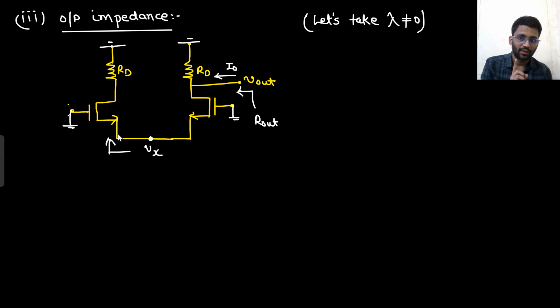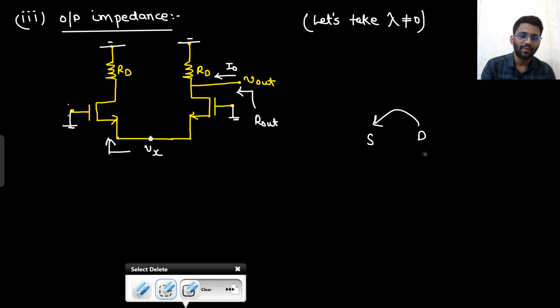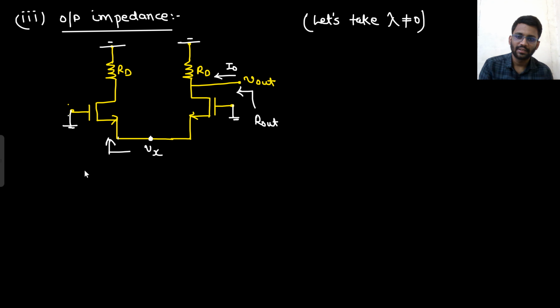Gate is grounded. You are going from drain to source with some load resistance RD. What is the resistance? You are going backward, so you would need only one step. That step would be Gm R naught plus R naught plus RD.